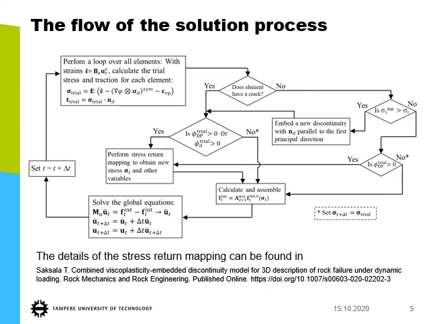And the final option here is that if the element doesn't have a crack, but Drucker-Prager is violated, the element fails in shear, we perform the stress integration and again calculate the internal force vector and calculate the response further. The details of the stress return mapping can be found in this reference here.